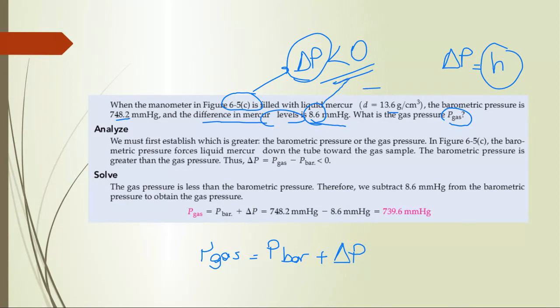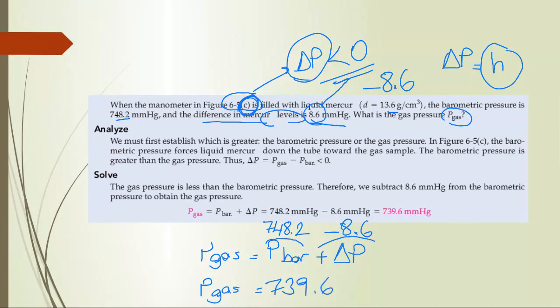That means this is negative 8.6, because for the C picture, delta P is smaller than 0. So we write negative 8.6. And you know that the barometric pressure is 748.2, and you will calculate P gas, and this is 739.6 millimeters mercury. That's it.